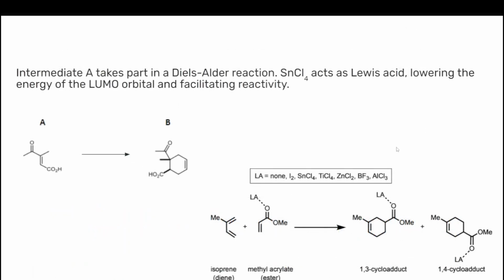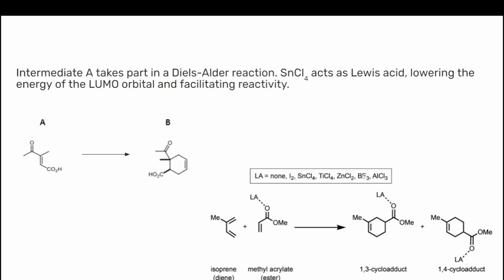However, what we should understand is that we need to put another reagent here, and then we will get the molecule B, and this is a pericyclic reaction. And here I'm giving another pericyclic reaction which is somewhat similar to what we have in the problem, and you can see here that this is an acid, and that could be nothing, or it could be iodine, SnCl4, titanium chloride, zinc chloride, BF3, and AlCl3, aluminium chloride.